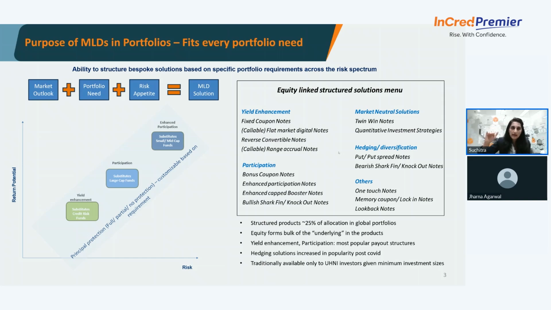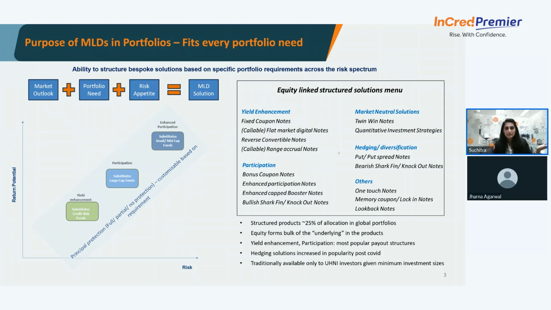Okay. So yield enhancement note, fixed coupon. Now, this is just terminology. It can be called fixed coupon notes. That's what it is popularly known as, though it doesn't need to be called that. So I can tell you what the payout is for, let's say, a 1-year structure. Every 3 months, I get a coupon, no matter what. Let's say I get a 5% quarterly coupon.